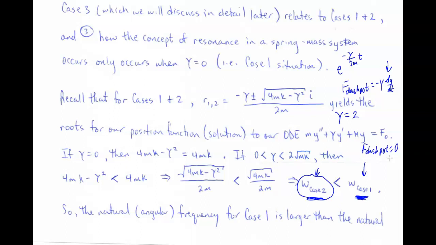So no matter what the time is, the contribution of dampening, or in this case the lack thereof, remains the same. That's why in that case our mass will oscillate back and forth at the same frequency forever and ever. Whereas here, it won't do that. And that's why we say that the response in case 2 has a quasi frequency or a quasi period.